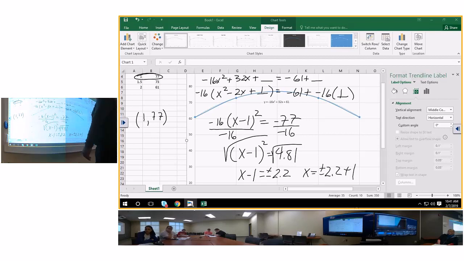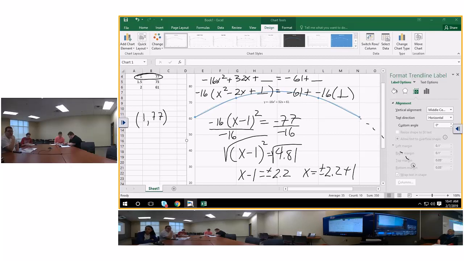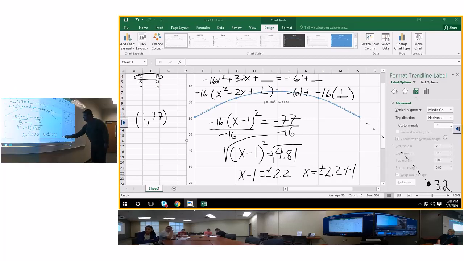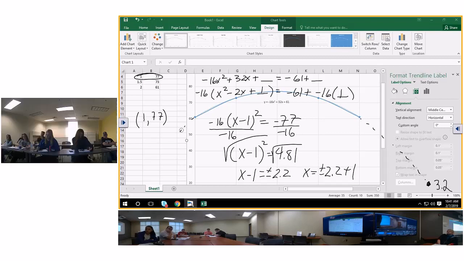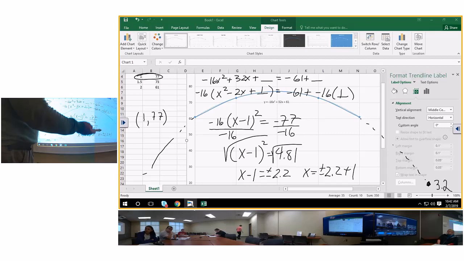What's 2.2 plus 1? 3.2. So there's 3.2 right there, wherever the x is. And over here, what's negative 2.2 plus 1? Negative 1.2? So it crosses at negative 1.2 and 3.2.